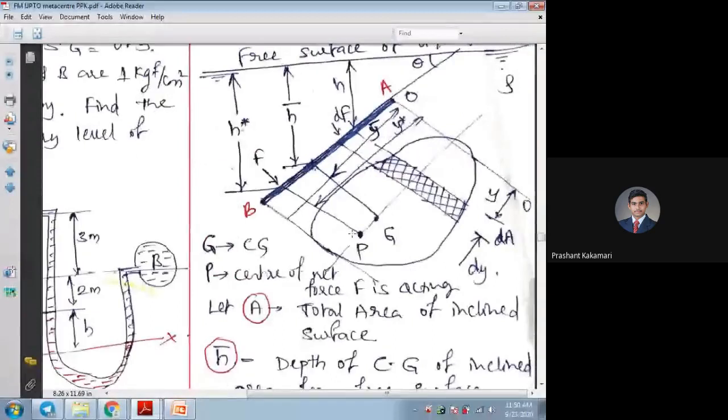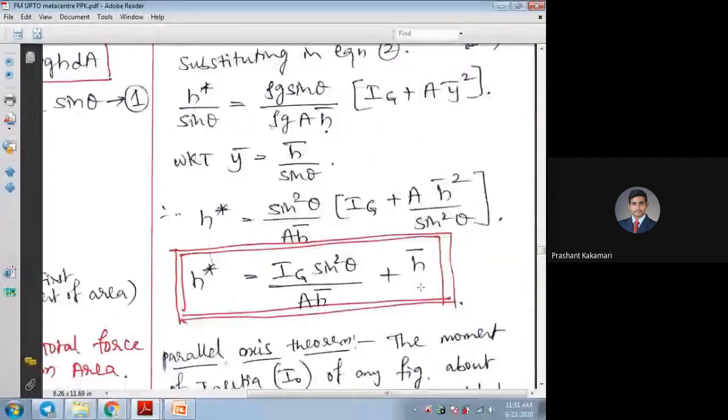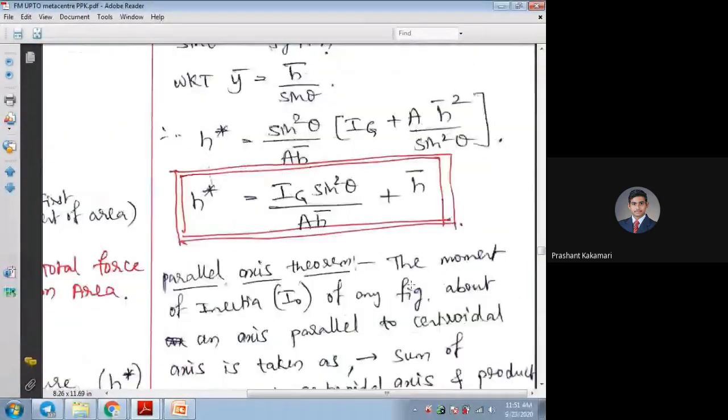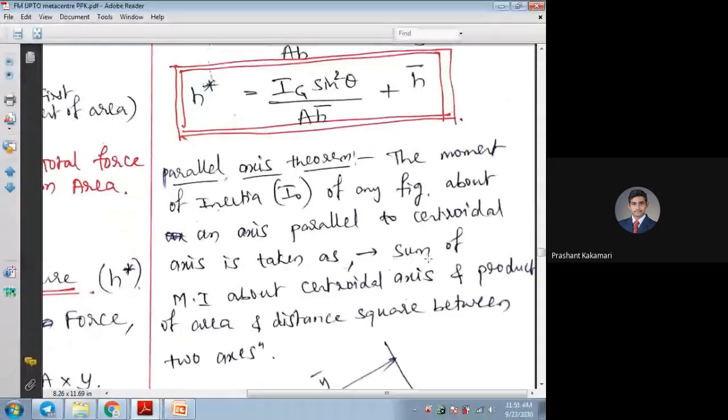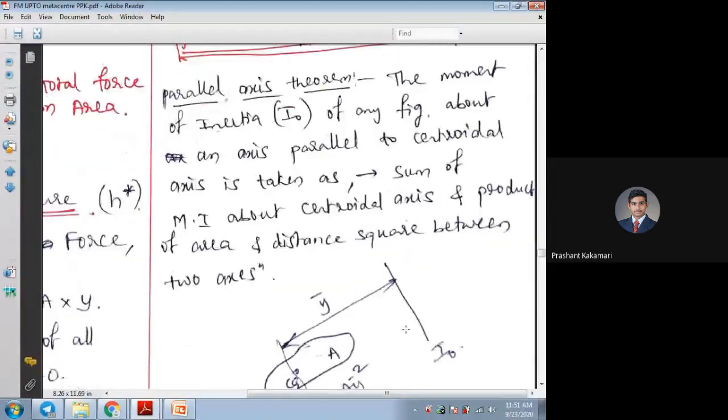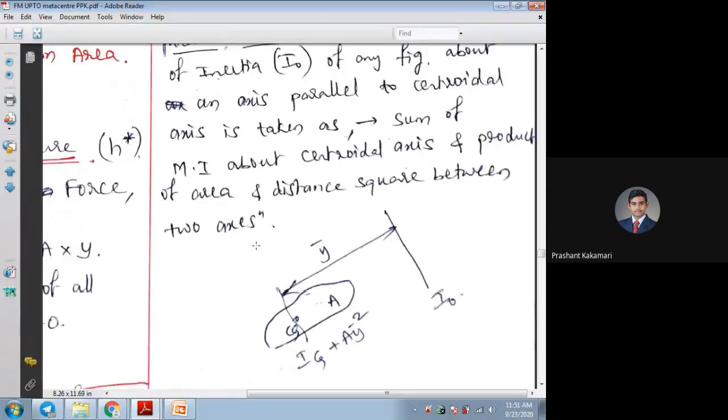The axis about G. If I take parallel to the axis OO and measure the moment of inertia I naught from this, it can be written as the sum of the moment of inertia about the centroidal axis G and the product of area and distance square between the two axes, that is OO and this G. Both these axes are parallel.